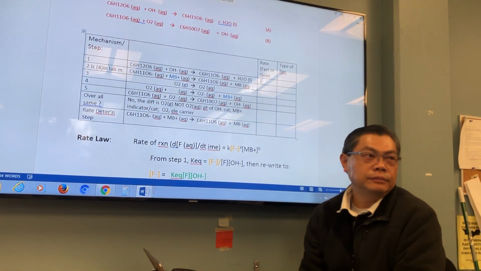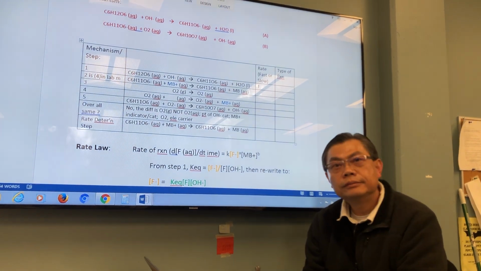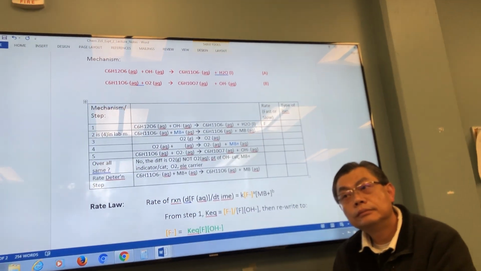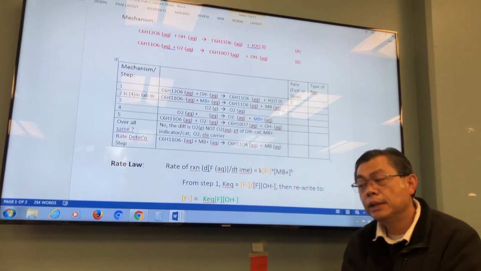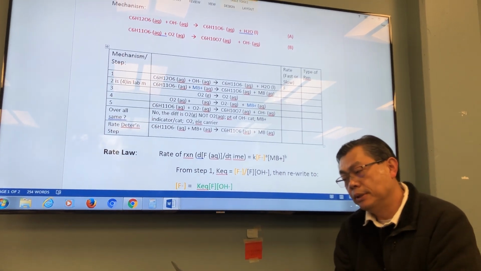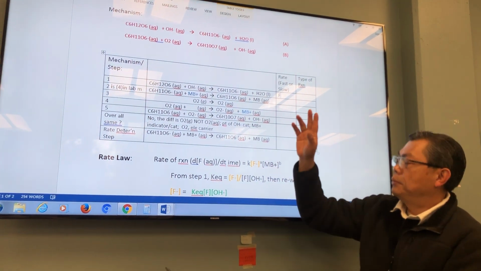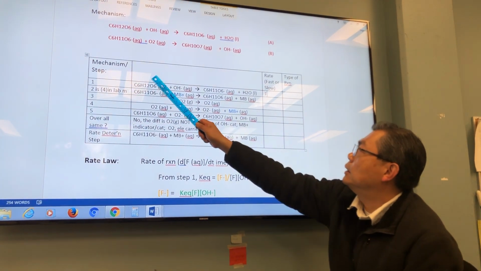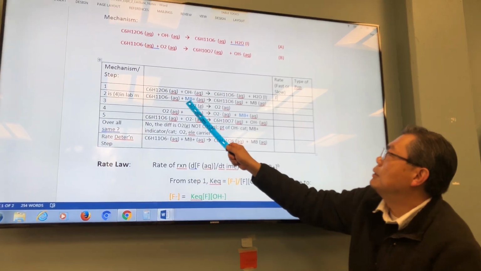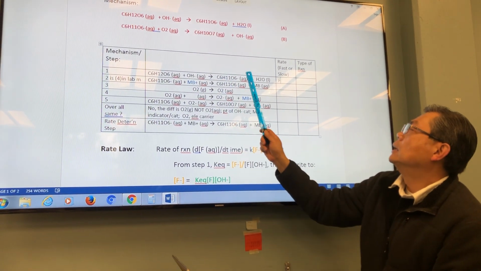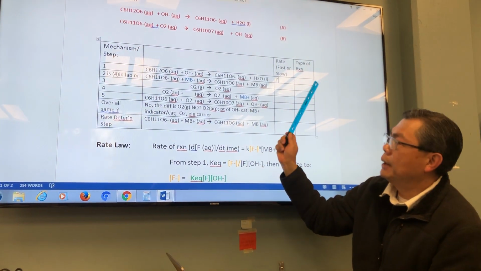How do you know? Did we do an experiment? Yes, we did an experiment. That was task 2, I believe. We put all 3 things together: fructose, hydroxide, methylene blue, and then you run the timer.